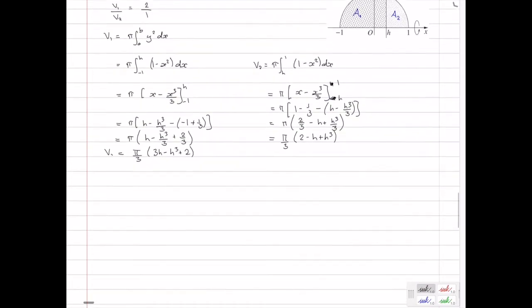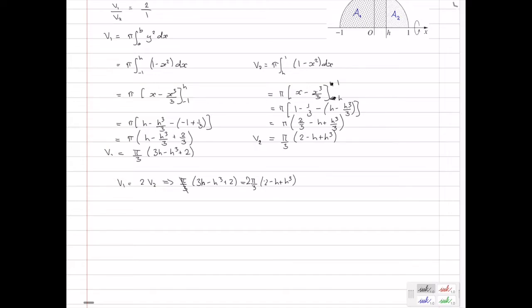Okay, good. So we've got expressions for v1 and v2. And we know that v1 divided by v2 is going to be equal to 2. Or in other words, v1 equals 2 times v2. Okay, and what does that give us? If we sub all that in, we have pi on 3, 3h minus h cubed plus 2 equals pi on 3, now I need to multiply this by 2, of 2 minus h plus h cubed.